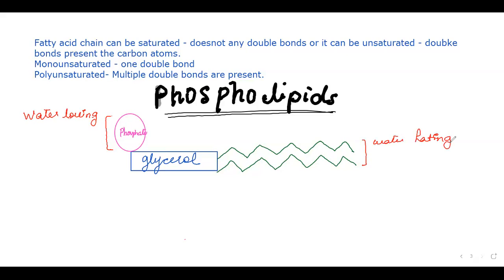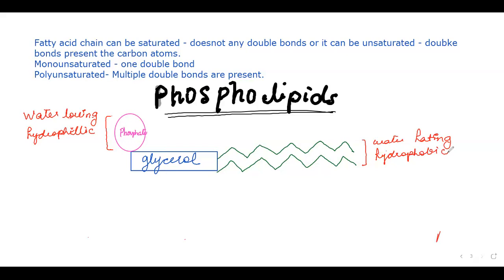So the phosphate portion loves being in the water. The terminology we use for these kinds of structures is hydrophilic. Hydro means water, philic means loving. So what's the term we use for water hating? Hydrophobic. Hydro again means water, phobic means hating.